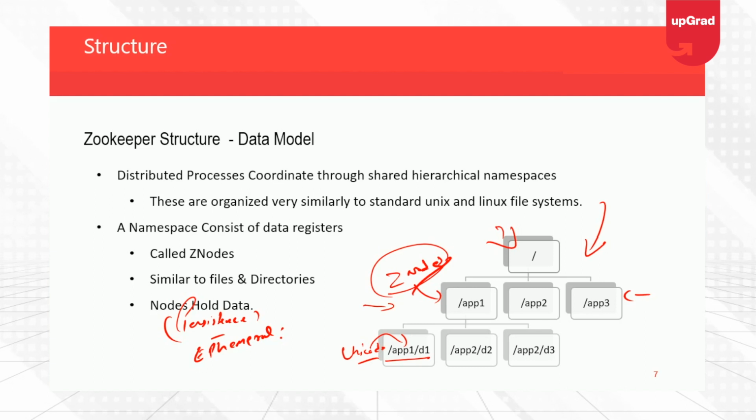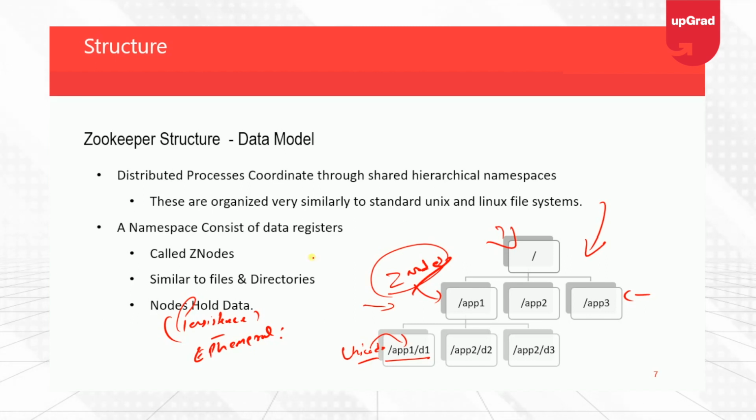This type of Z node is alive only as long as the client is alive. Therefore, when the client disconnects from Zookeeper, the node will also be deleted. Moreover, ephemeral nodes are not allowed to have any children.